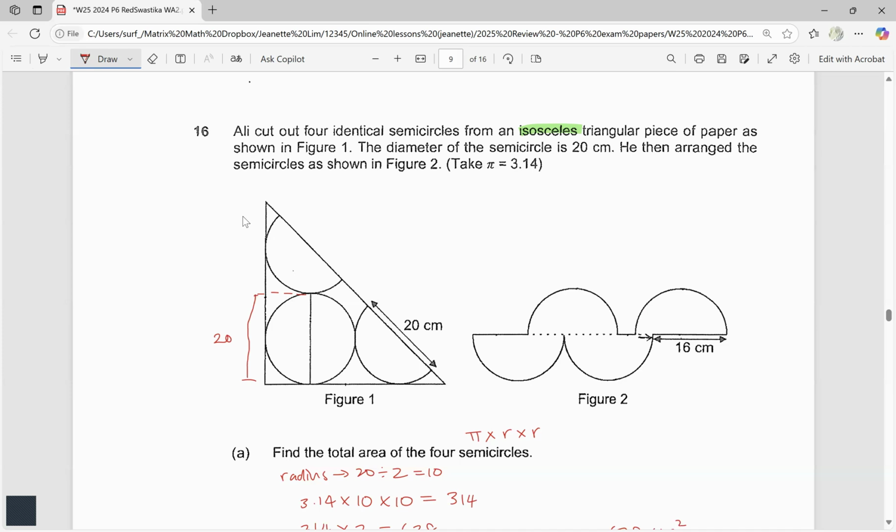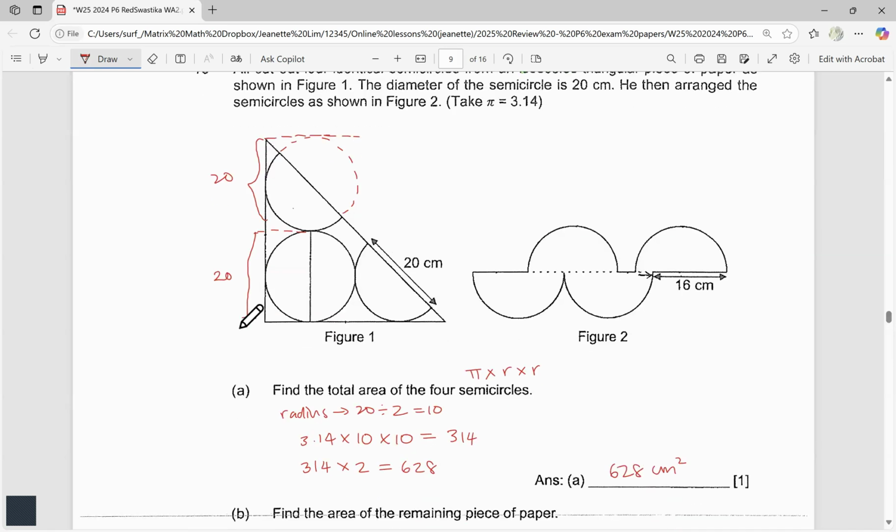For the top part, if I were to complete the circle, it will look something like that. And the height of the triangle will actually touch the top of the circle. And this would also be the diameter, which is 20. So the height is 40 cm.